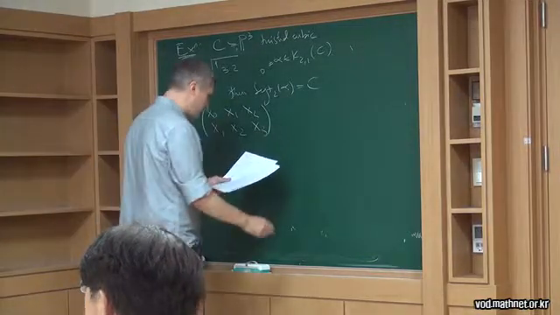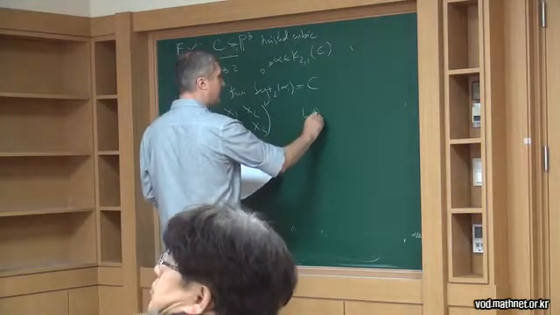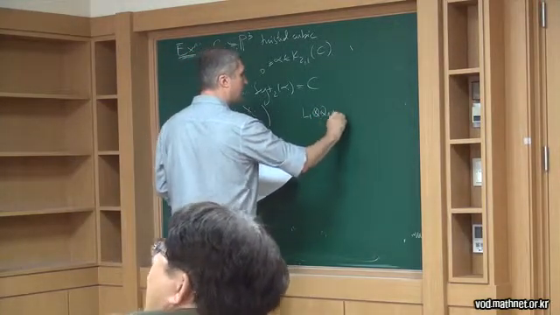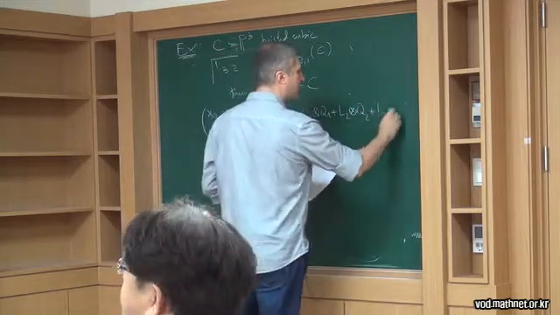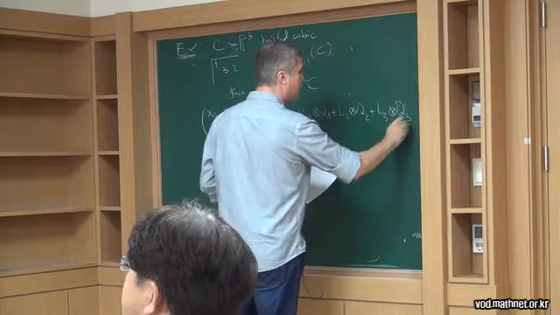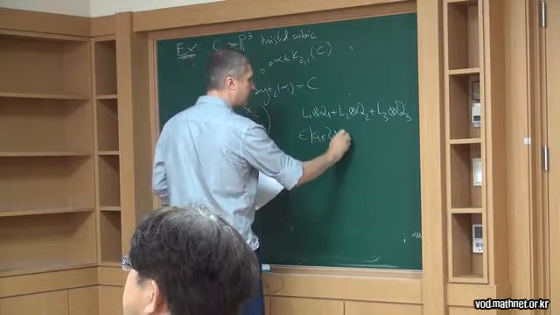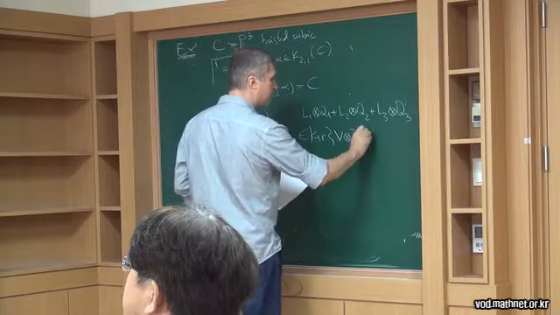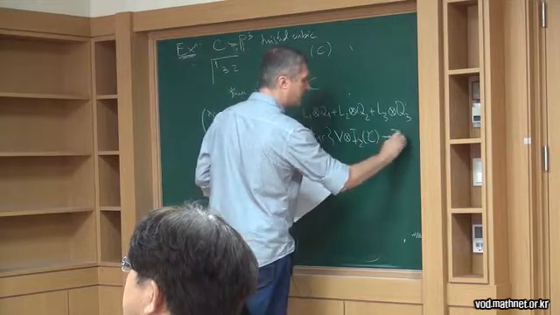Then alpha will give an element L1 tensor Q1 plus L2 tensor Q2 plus L3 tensor Q3 in the kernel of the multiplication map V tensor I to I3C.